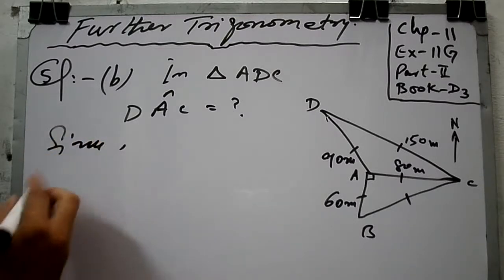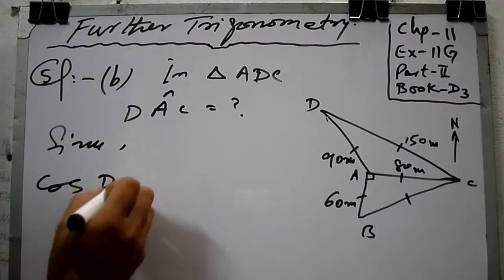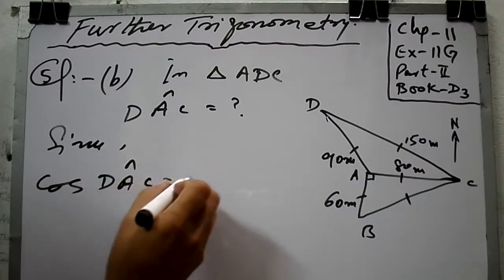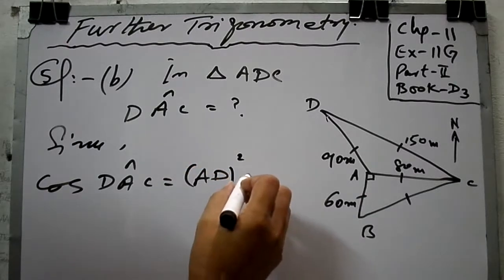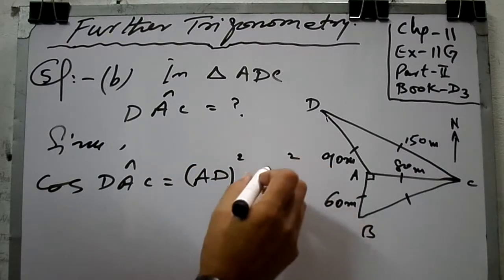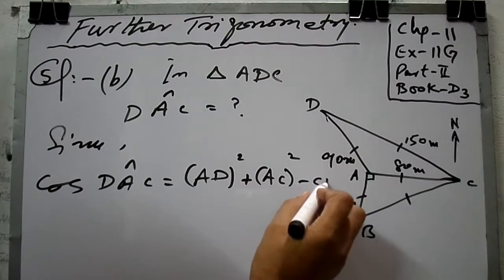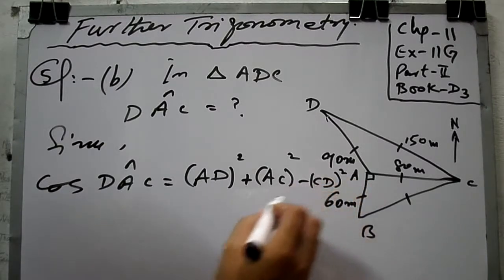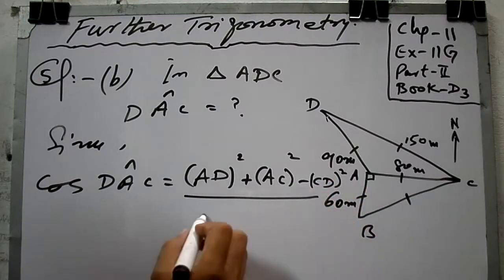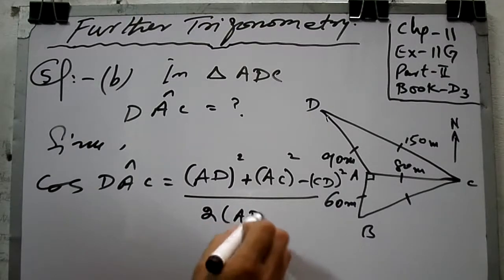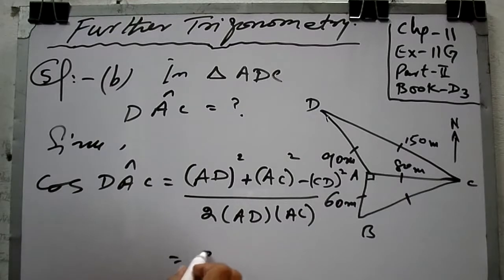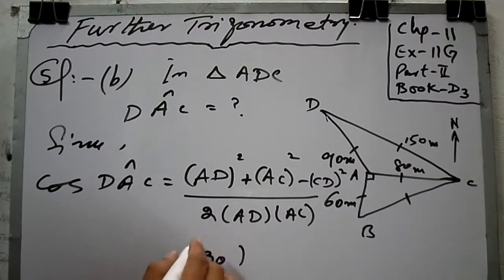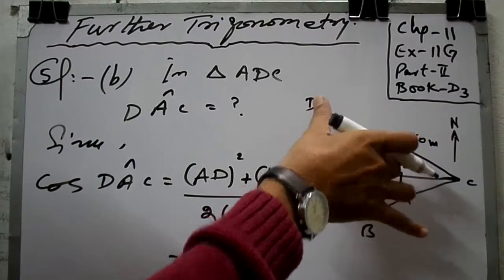Since the cos DAC is equal to AD square plus AC square minus CD square divided by 2 into AD and AC. So putting the values, the value of AD is 90, you see in the figure.